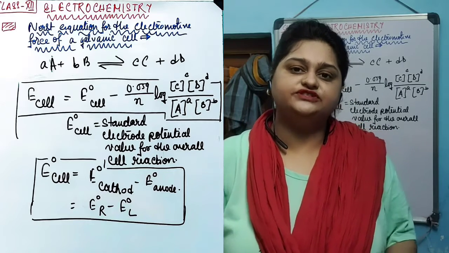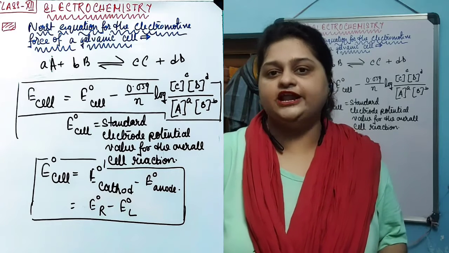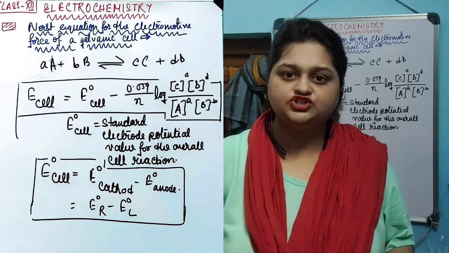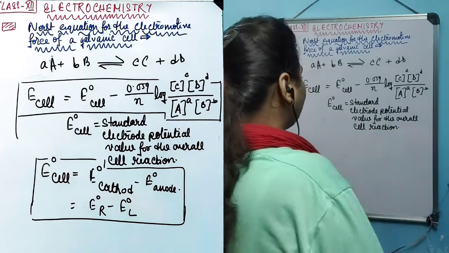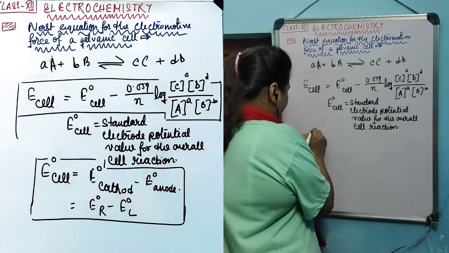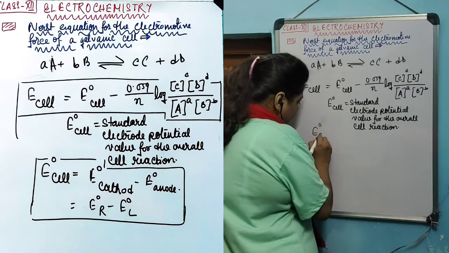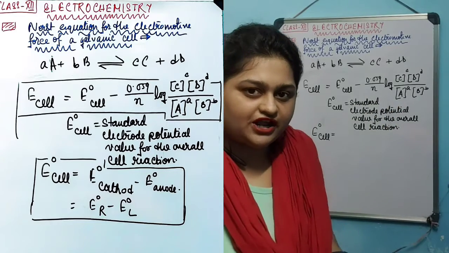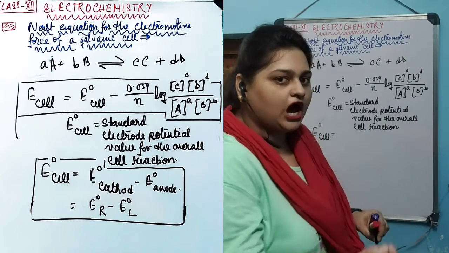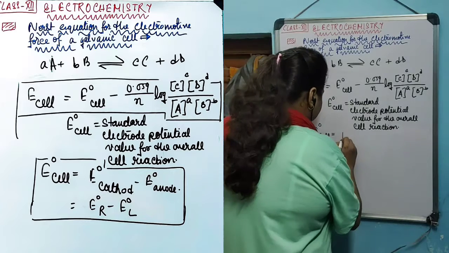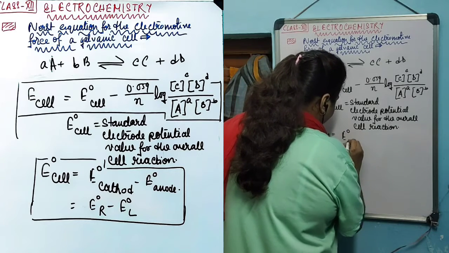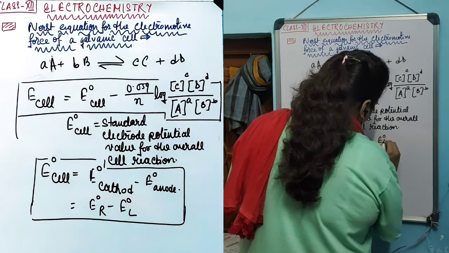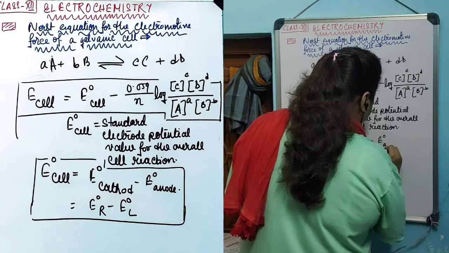Each of these two half cell reactions has its own standard electrode potential value. Therefore, the overall standard electrode potential can be calculated with the help of the standard electrode potential value of each half cell: the standard electrode potential of the cathode minus the standard electrode potential of the anode.